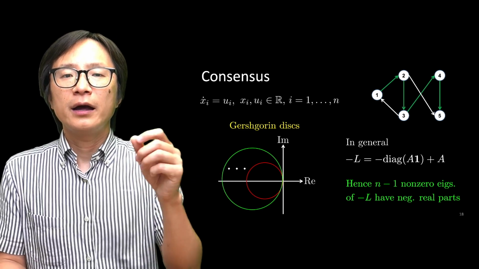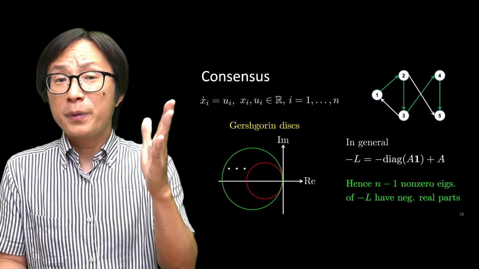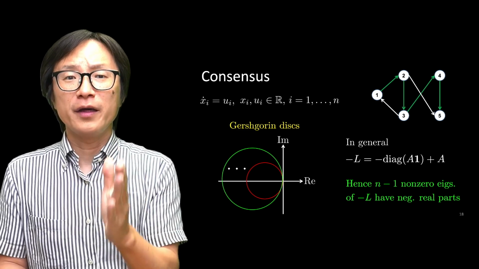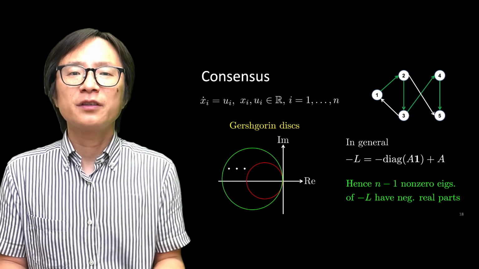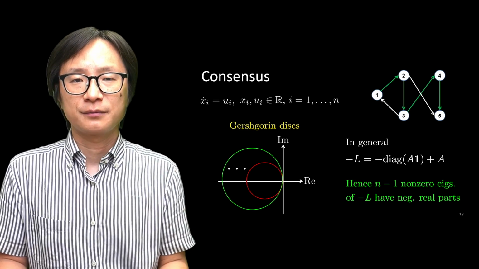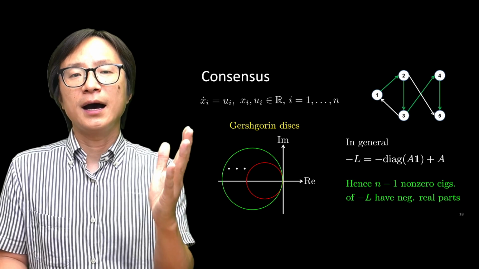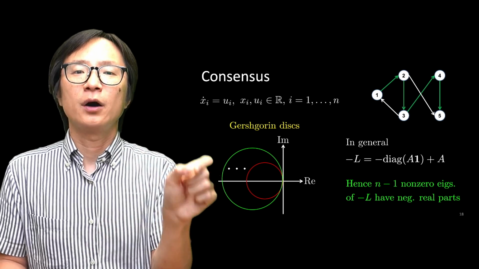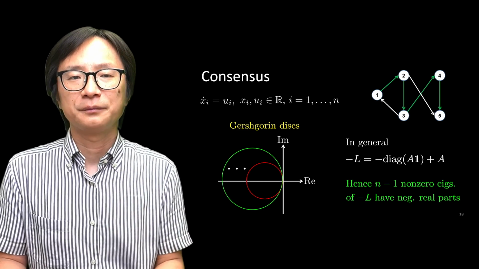Namely, every one of them will be, first of all, on the left-hand side of the imaginary axis, and they will touch the imaginary axis only at the origin. That guarantees that all the eigenvalues will be stable except the single zero eigenvalue.